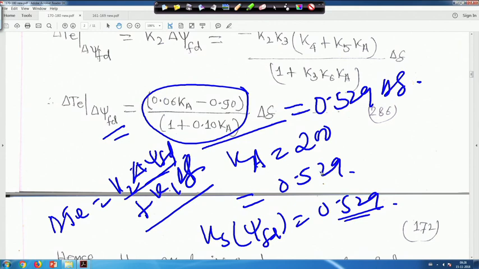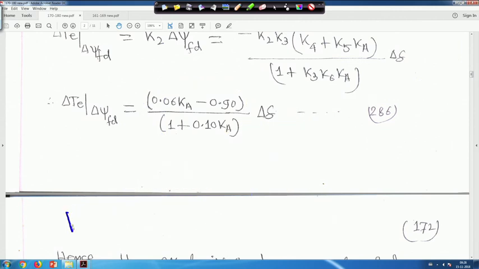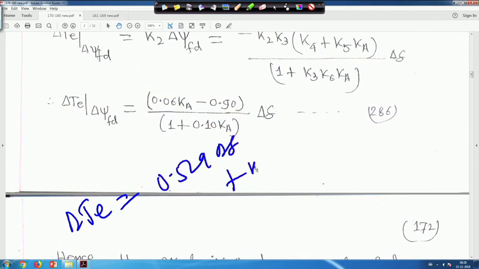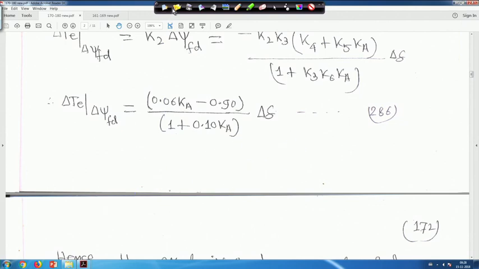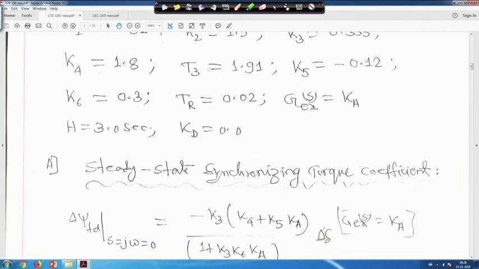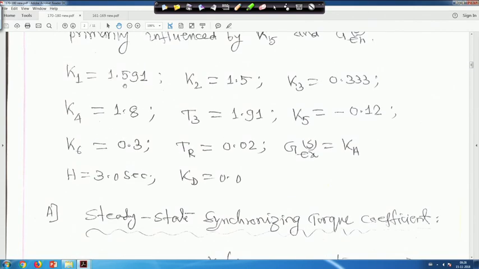So, basically delta Te is equal to 0.529 delta delta plus K1 delta delta. Now, the question is that the K1 value is given. Going back, K1 is given as 1.591.